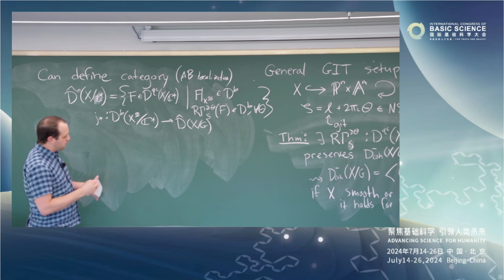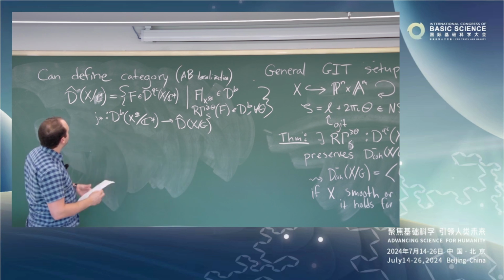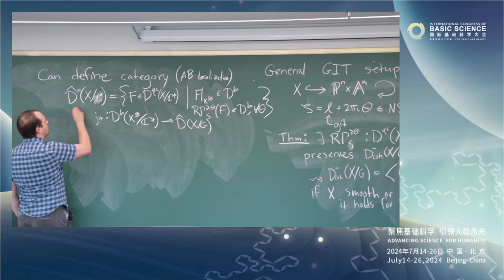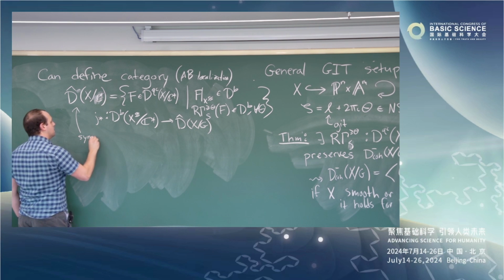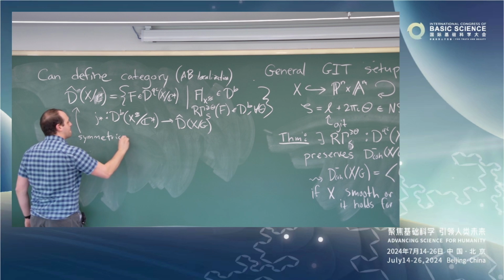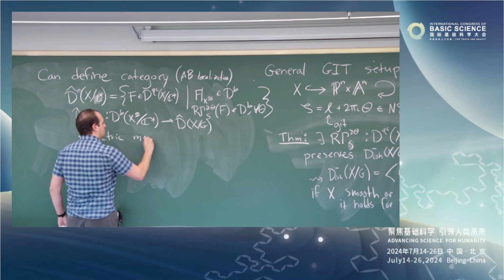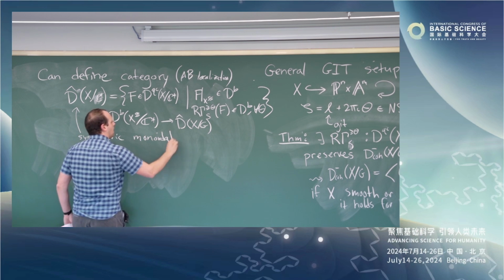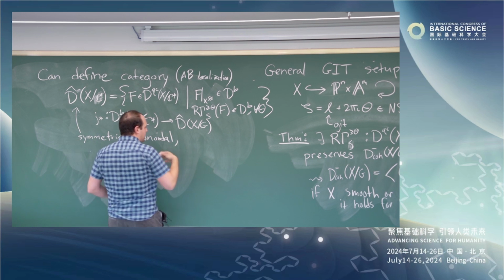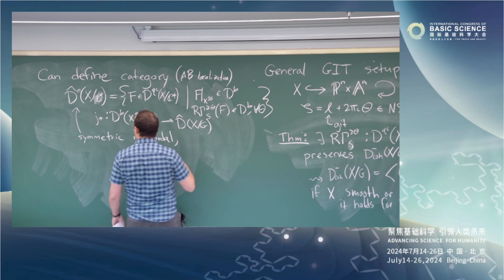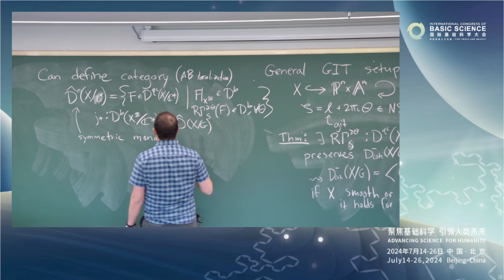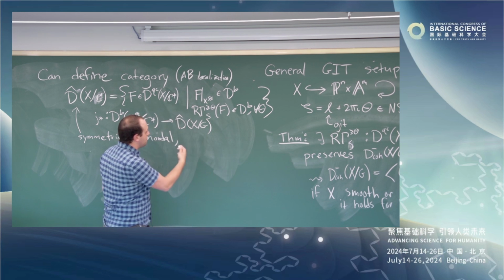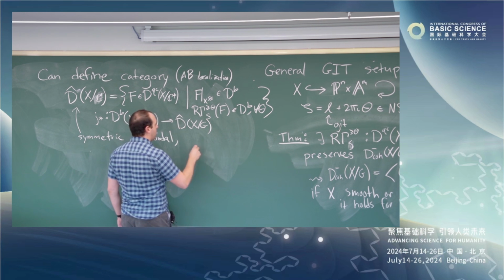But anywho, the cool thing about this category is it's still symmetric monoidal. So it still is a ring. Its K-theory is still a ring, and its K-theory is non-trivial, and you can tell that because there's a pairing.